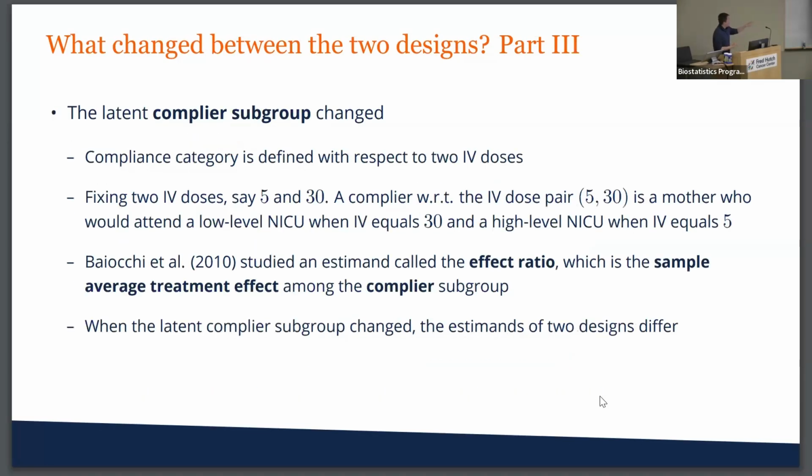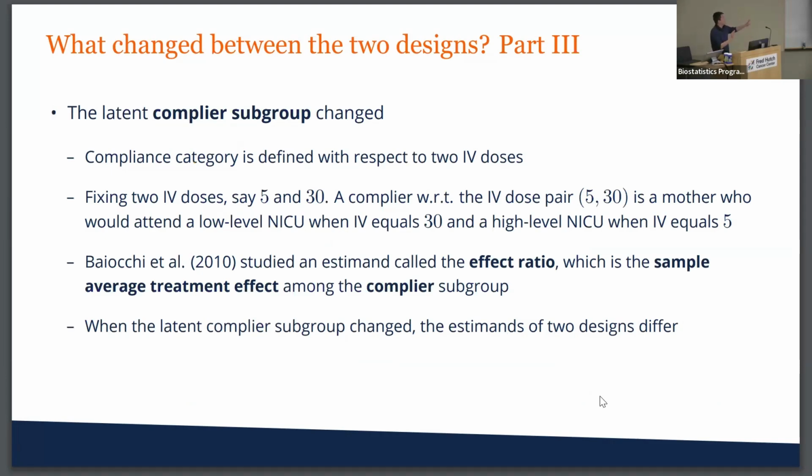The third thing that actually changed is the complier subgroup. This is probably the most subtle thing. By changing who is matched to whom, the definition of the complier subgroup actually changed between these two designs. This is subtle because the compliance category with a continuous instrument is defined with respect to IV dose. I will formalize this later.